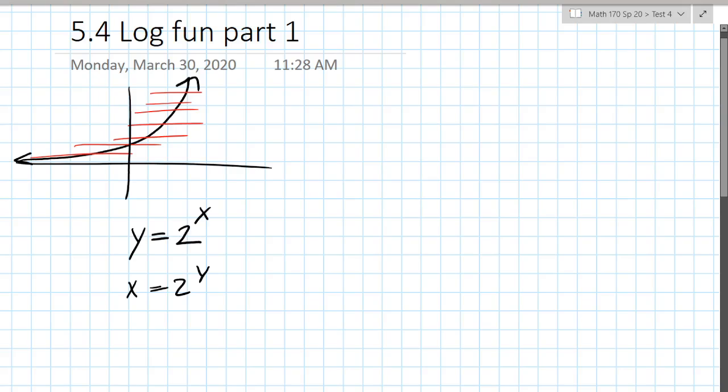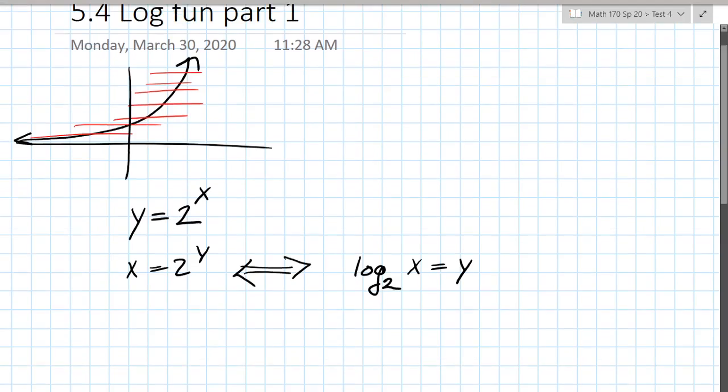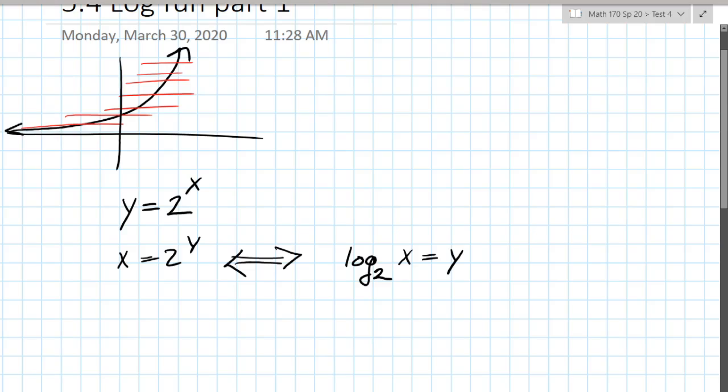So what we do is we write the log base 2 of x is equal to y, and that solves our problem. So this is our definition.